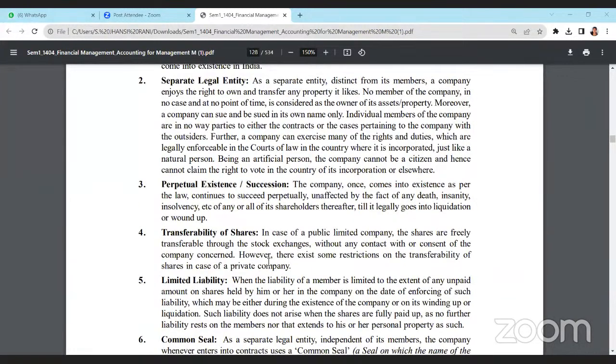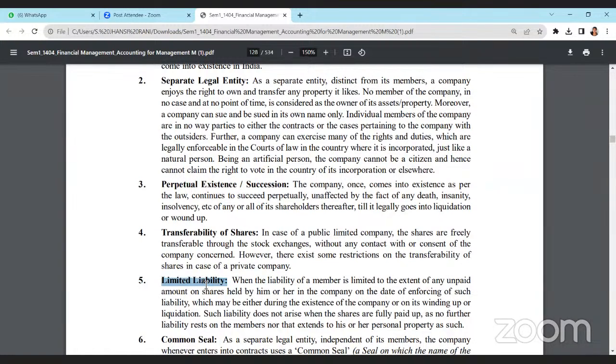Shares can be easily transferred through stock exchanges. And it is a limited liability. Why do we call it limited liability? When we learn the difference between sole proprietor, partnership, and company form, in a company the shareholders invest as per the number of shares they purchase.